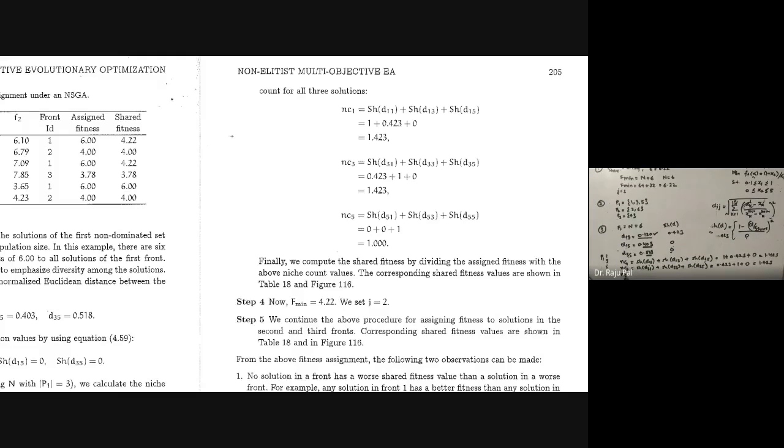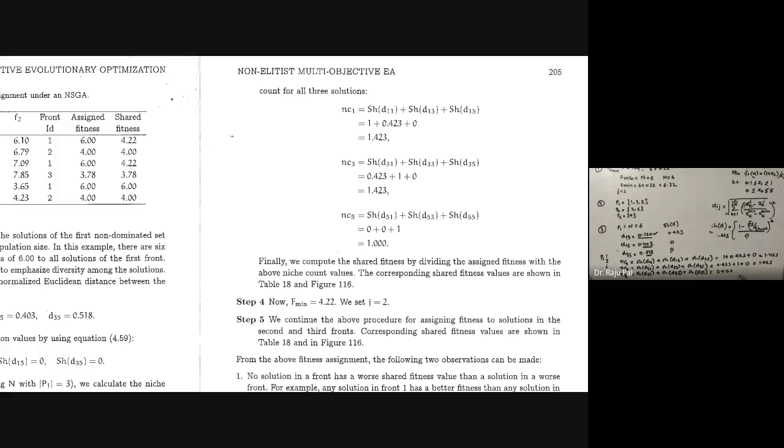So for solution number 5, we need to calculate the sharing function value for 5 and 1, plus the sharing function value for 5 and 3, and the sharing function value for 5 and 5. 5 and 1 is the same as 1 and 5, so 0, plus 5 and 3, which is the same as 3 and 5, again 0, plus 5 and 5.